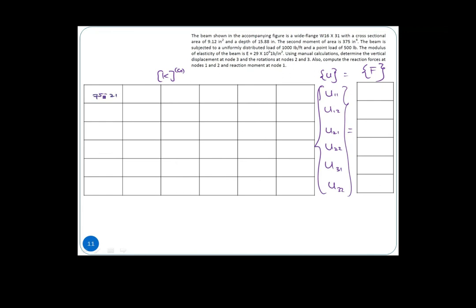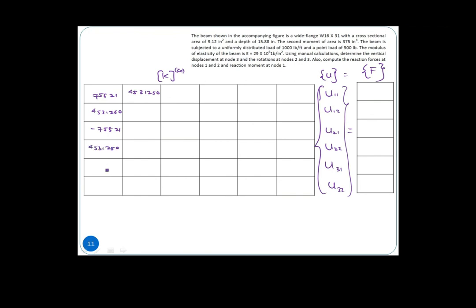Okay, 75521. Here is 4531250, 4531250, negative 75521. Then we have a 4531250.